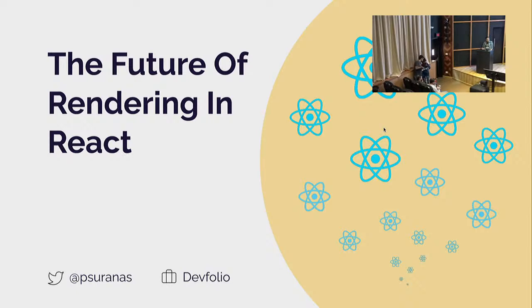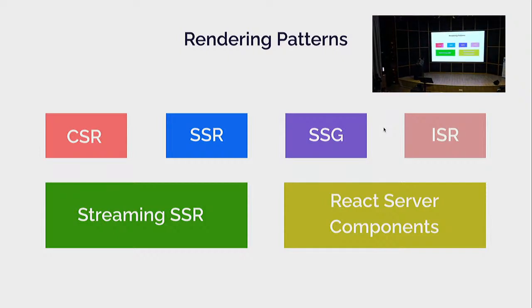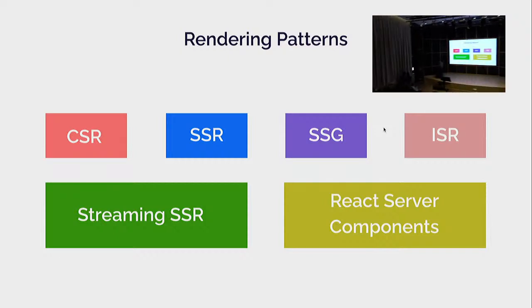So in this talk, we'll be discussing the rendering patterns that currently exist in React, the problems that they have, what the new rendering patterns are that the React team introduced with React 18, and what the future of rendering looks like in React. Right now, mainly the way we render React apps is via client-side rendering, server-side rendering, and meta frameworks like Next.js, which offer static site generation and incremental static regeneration.